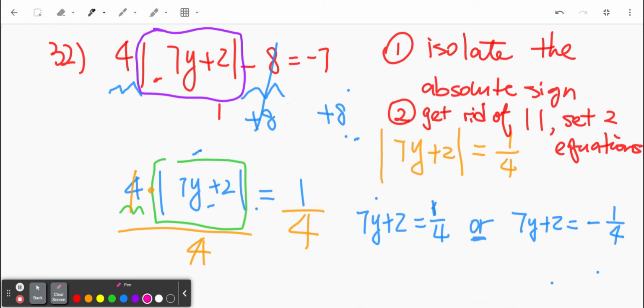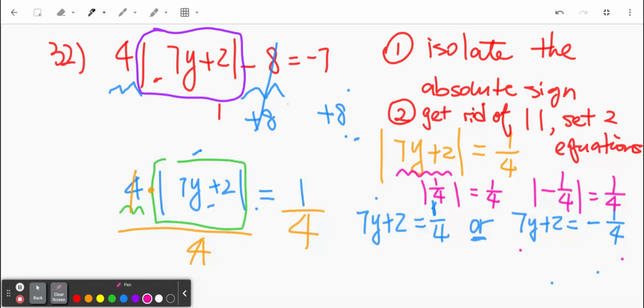So absolute sign, make it positive, right? Inside the absolute sign, let's look at this. This could be equal to 1/4, right? But inside could also be equal to what? Negative 1/4, giving you 1/4, right?